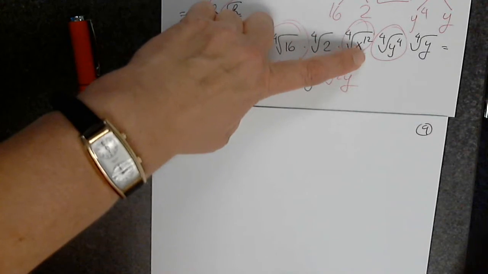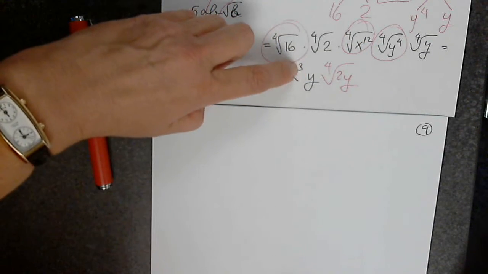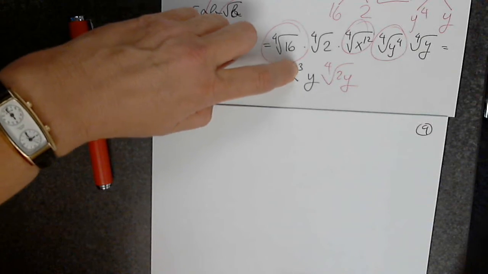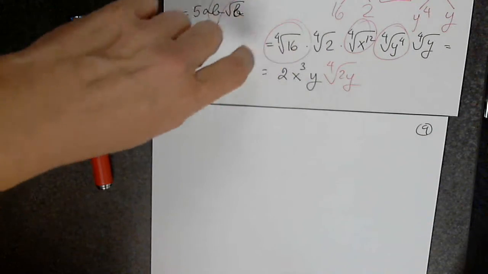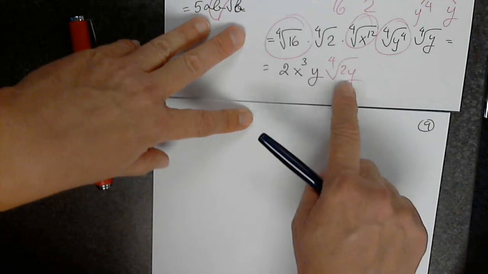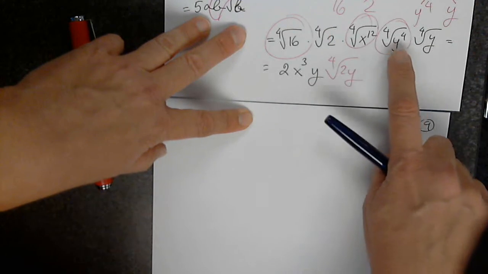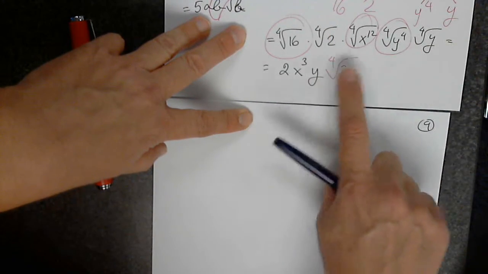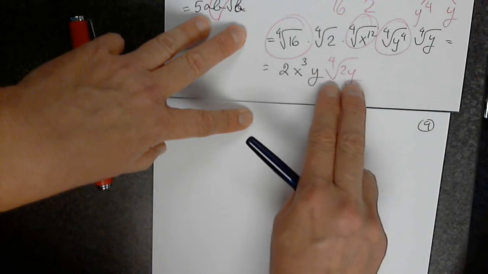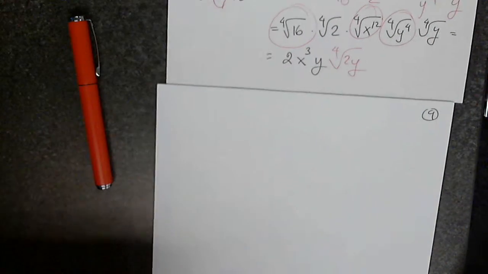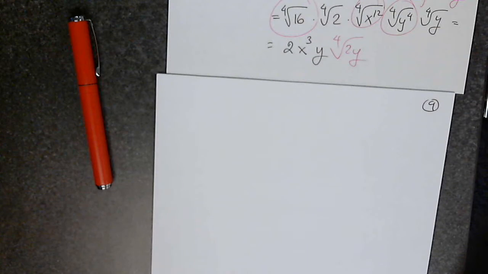The fourth root of x to the 12 is 12 over 4, which is 3. So why did we skip 2 things? It's right here. Okay. And the fourth root of y to the 4th is y. And these two are here. Okay. Better? Yeah. Perfect.